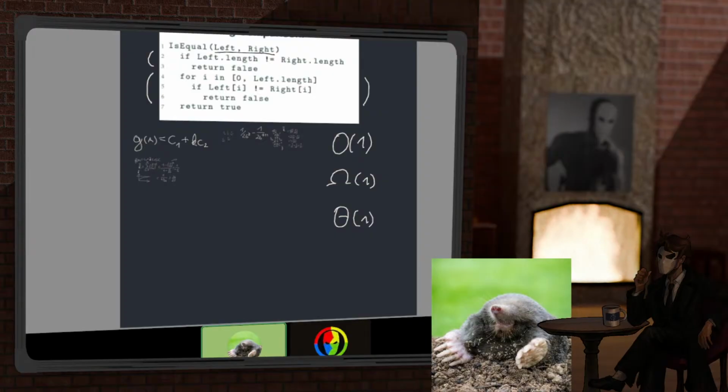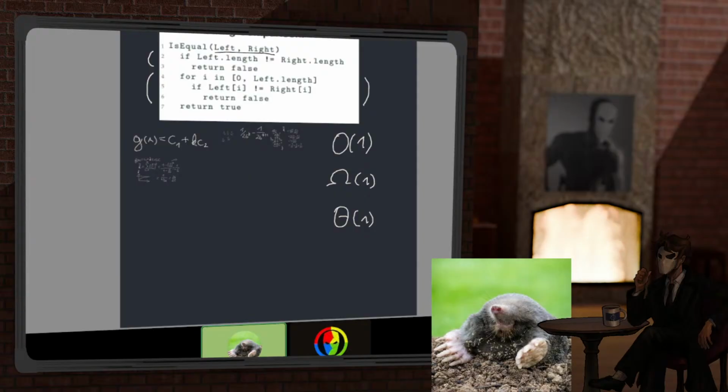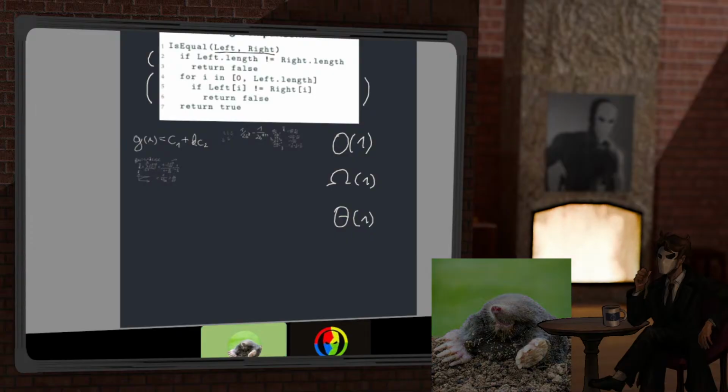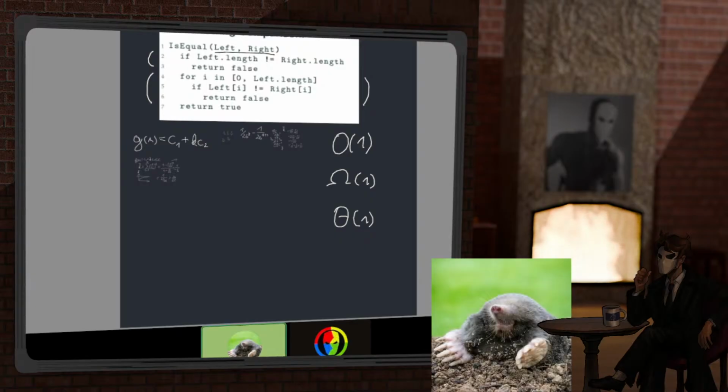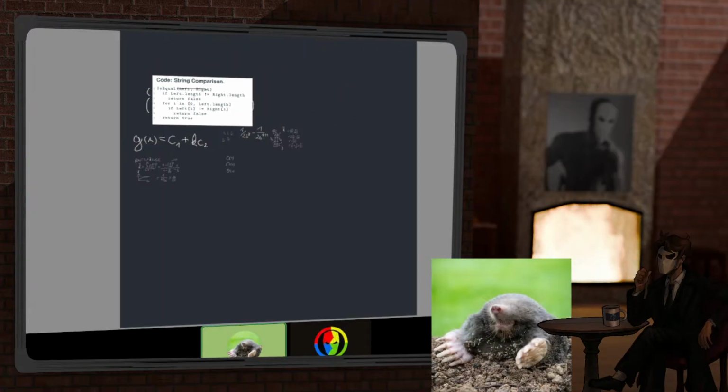But this is not often. So our function, maybe sometimes it will be slower, maybe sometimes it will have to compare a few more characters, but on average, it will take a constant time to execute. And I think that is it for the average case. Yeah, that is it for the example.